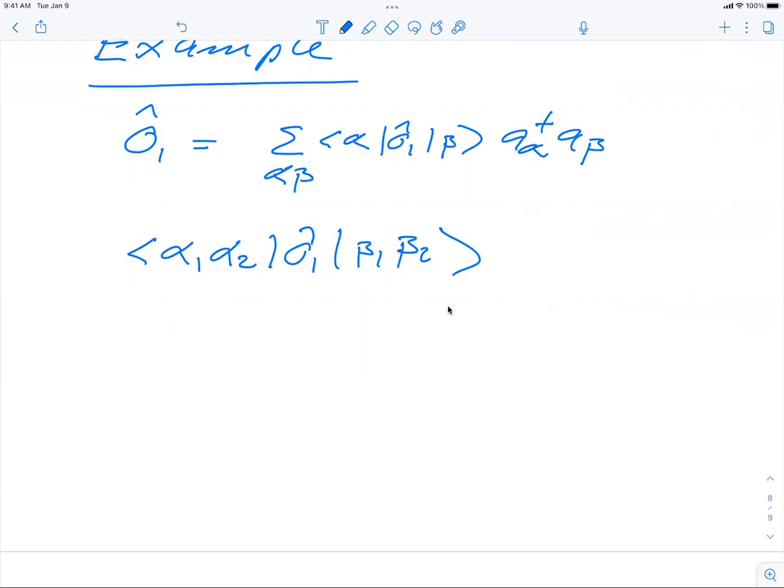And we can make life simpler. We can assume that the beta states and the alpha states form an eigenbasis of the operator O1, or we can just leave it as it stands.